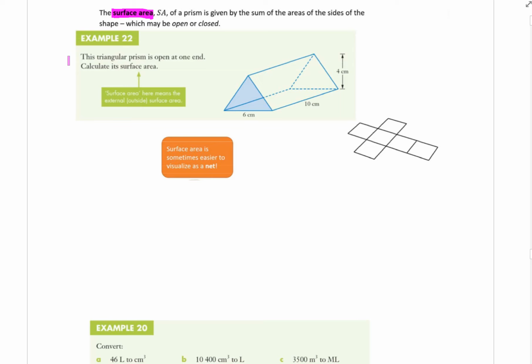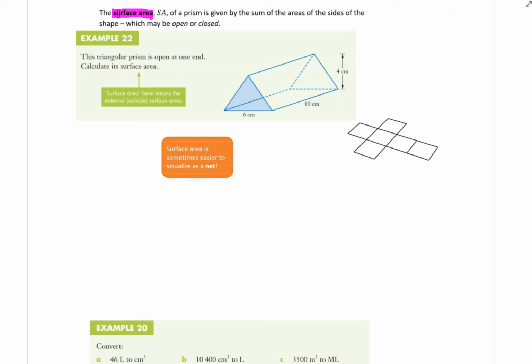So, from question to question, the formulas you have to use will change, and it all depends on the shape of the surfaces. We know we'll be using formulas for area, but which ones we use we don't know until we look at our solid and determine what the faces actually look like.